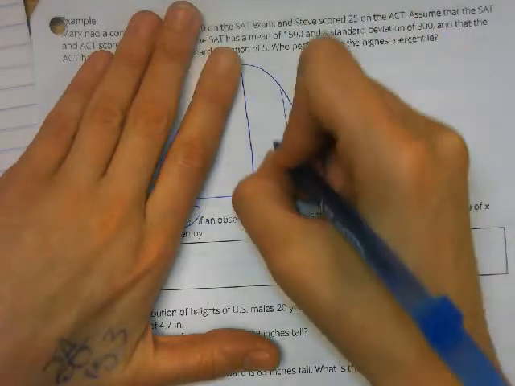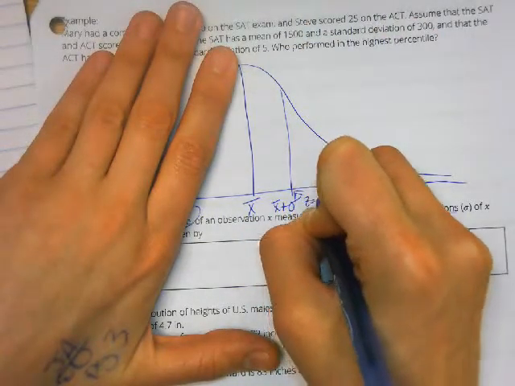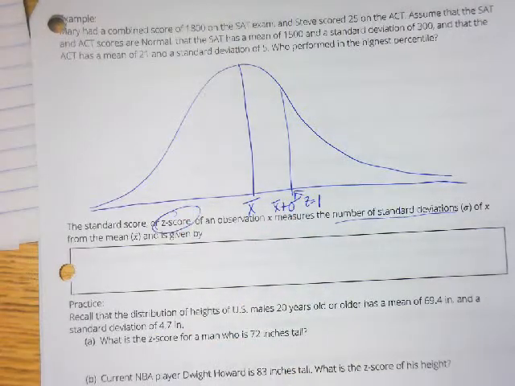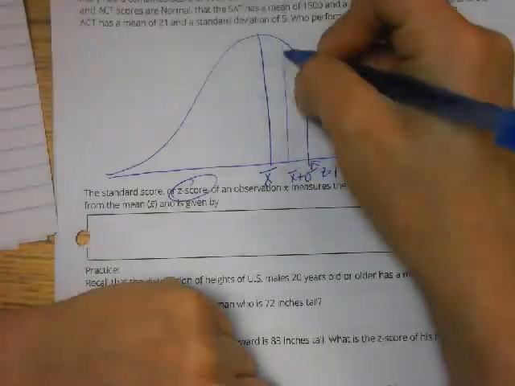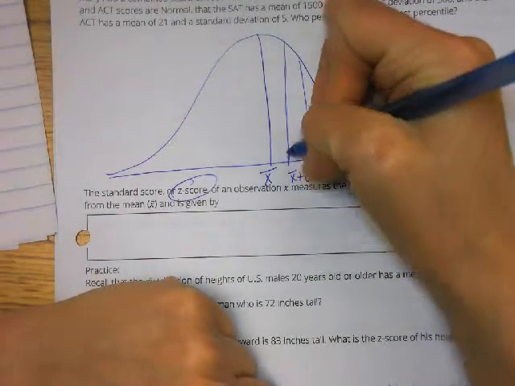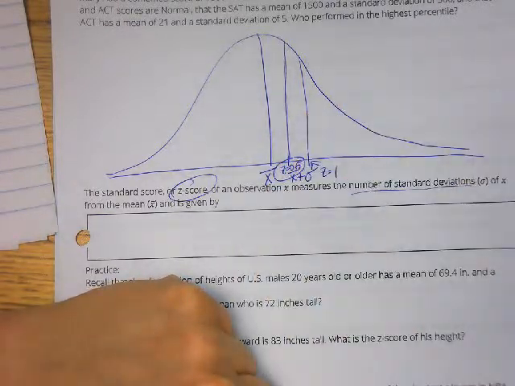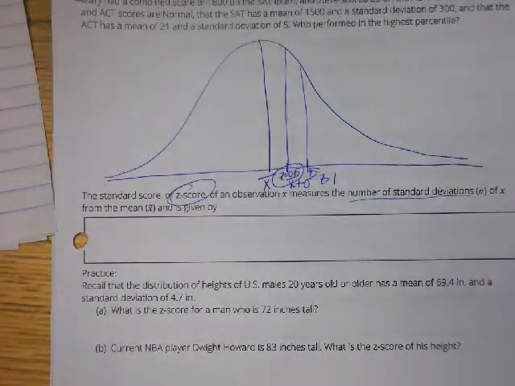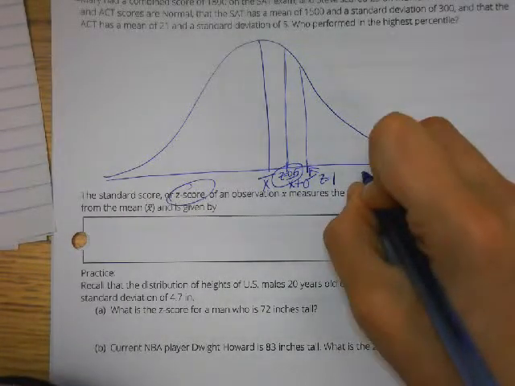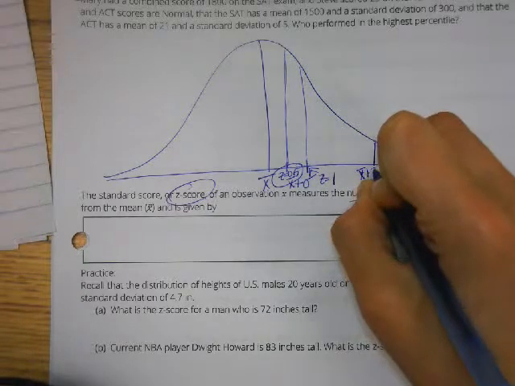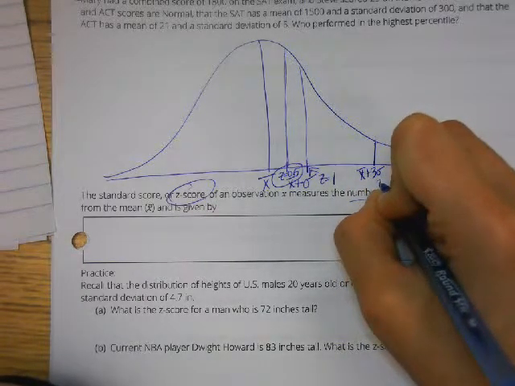So this corresponds to z equals 1. It's 1 standard deviation away, 1 standard deviation to the right. This right here, where we're about halfway, this is z equals 0.5. If we move to the right by 3 standard deviations, let's say we're at x bar plus 3 sigma, you're going to be at z equals 3.